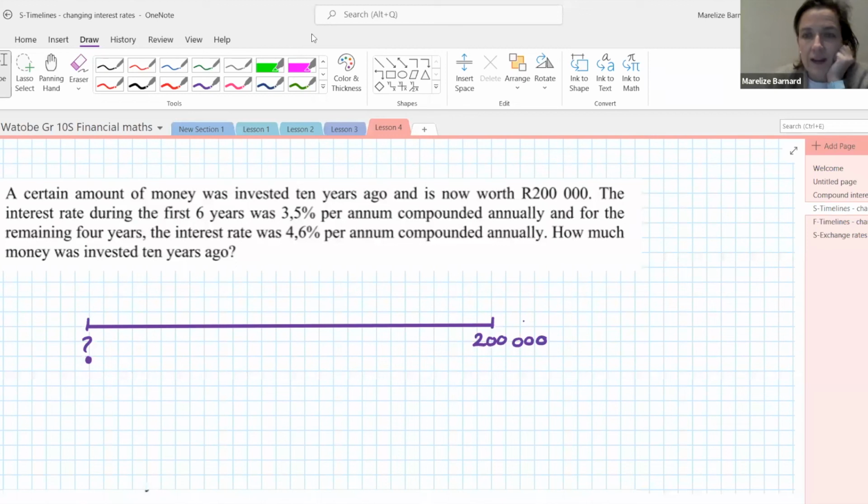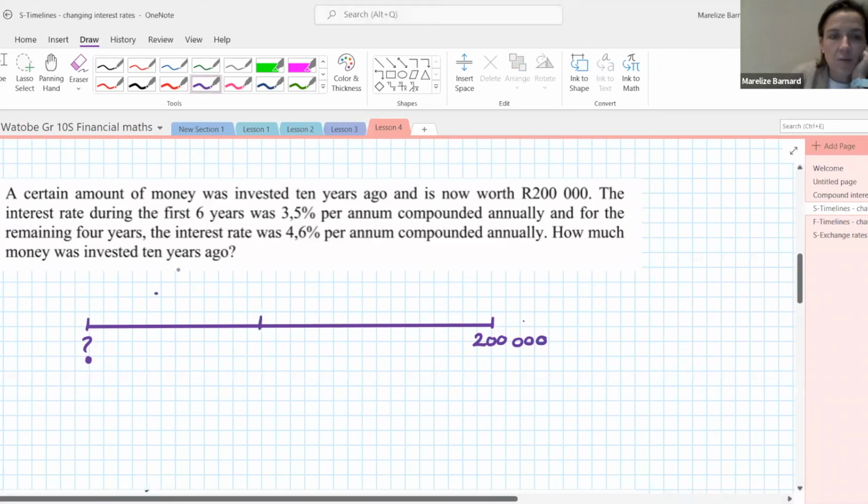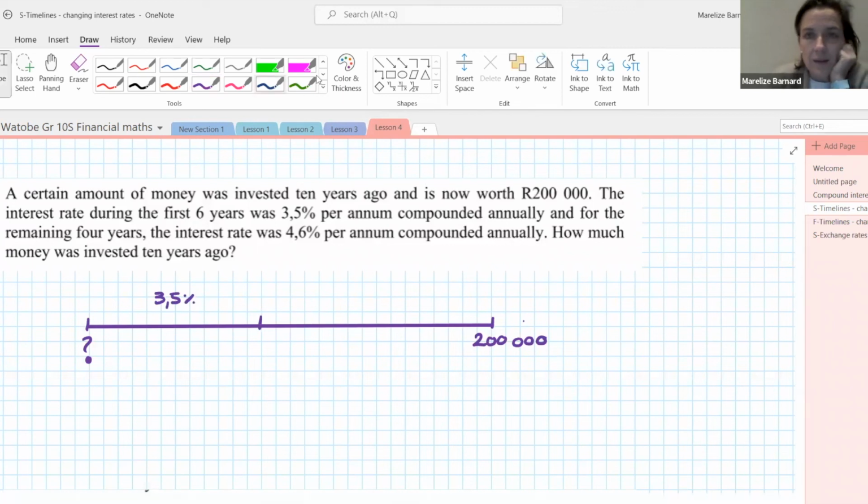The interest rate during the first 6 years was 3.5% per annum, compounded annually. And for the remaining 4 years, the interest rate was 4.6%. I'm just going to move this marker because it's a little bit unrealistic. It should be more like that. So, 4.6%.